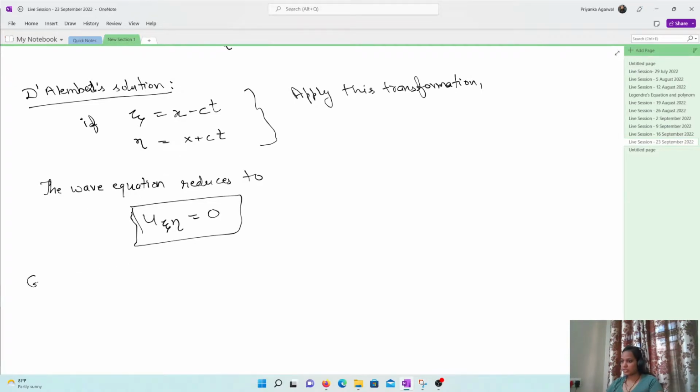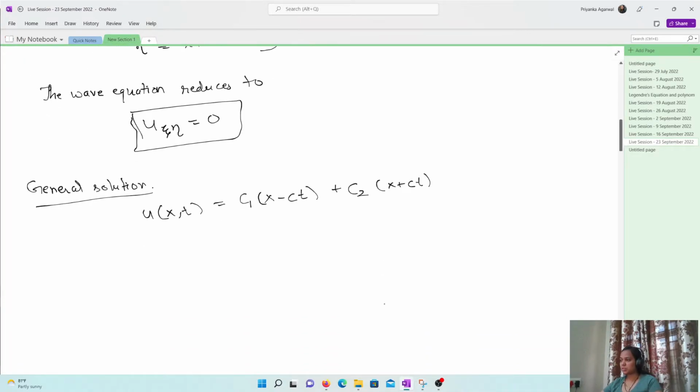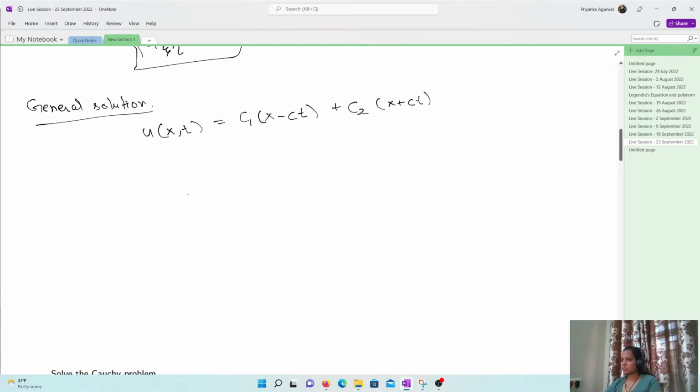So the general solution for the wave equation in one dimension is given by u(x, t) equals C1(x minus ct) plus C2(x plus ct), where C1 and C2 are arbitrary functions.